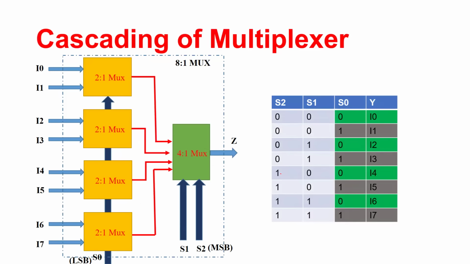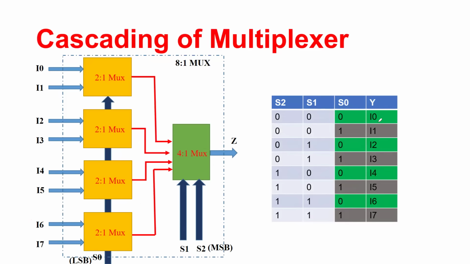So right here, you can see the truth table of the 8:1 MUX. What you see here for the 8:1 MUX is you've got the input data lines, that is I0 to I7, the single output data line, that is Z, and three select lines ranging from S2, S1, and S0.